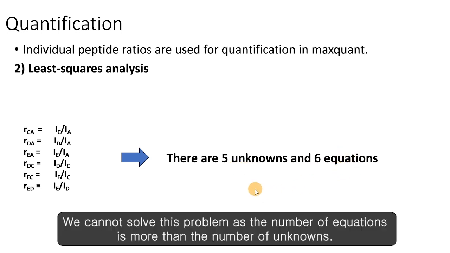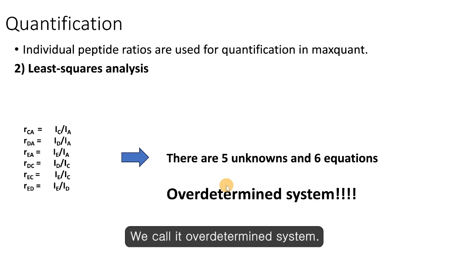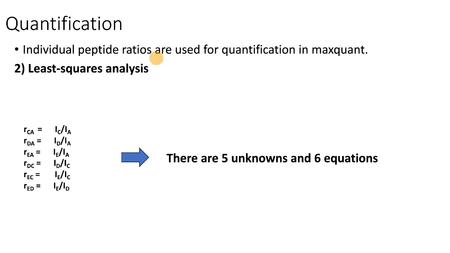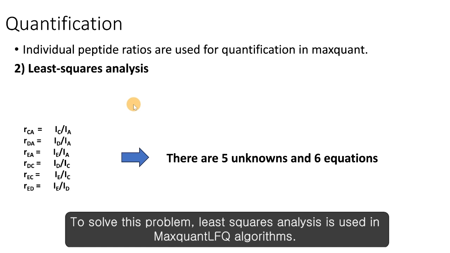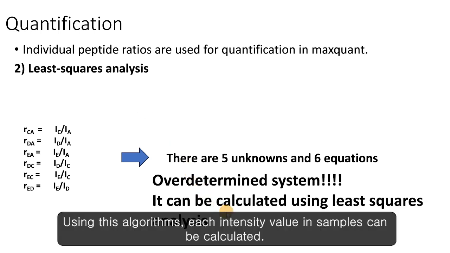We cannot solve this problem as the number of equations is more than the number of unknowns. We call it overdetermined system. To solve this problem, least squares analysis is used in MaxQuant LFQ algorithms. Using these algorithms, each intensity value in samples can be calculated.